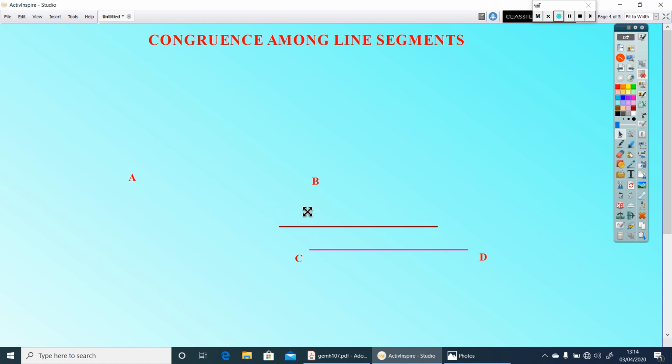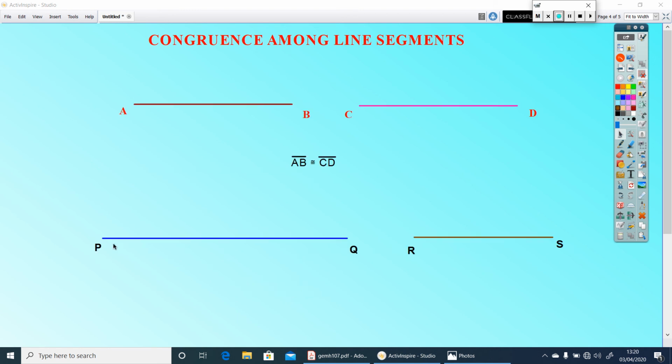Now keep that line segment exactly over the other. It coincides exactly, so it covers exactly one another. So we can say AB and CD are congruent. This we can write as line segment AB congruent to line segment CD.